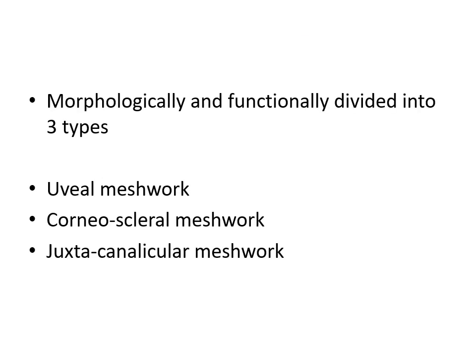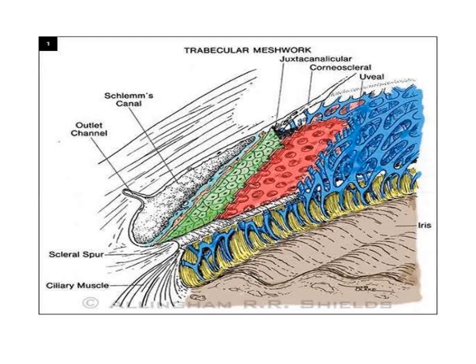We divide this morphologically into 3 types. One is the uveal meshwork, then the corneoscleral meshwork, and the juxtacanalicular meshwork. As you can see here, from the ciliary muscle and root of the iris, that is the uveal tissue, there is a meshwork which is extending. That is called the uveal meshwork. Then behind the uveal meshwork, there is an extension from the scleral spur up to the lateral border of the scleral spur.